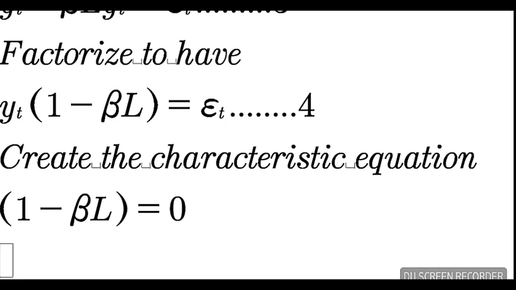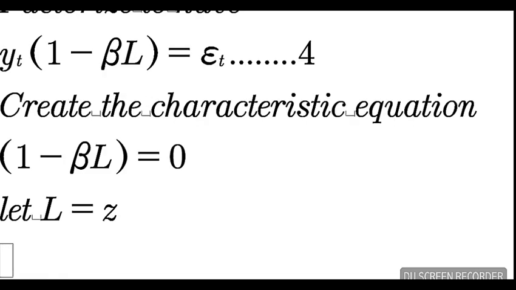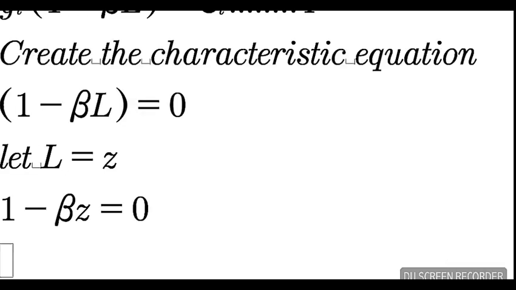Now we shall solve for L. At this point we let L become Z. So we have 1 minus beta z equal to 0. This is a simple linear equation, and the variable here is z.